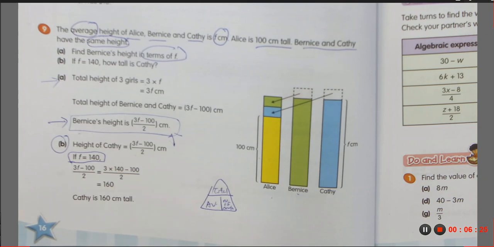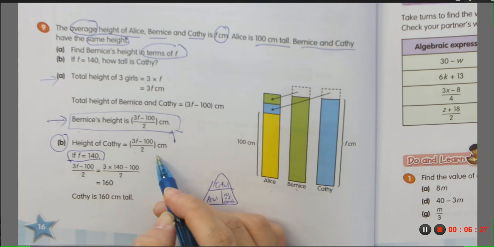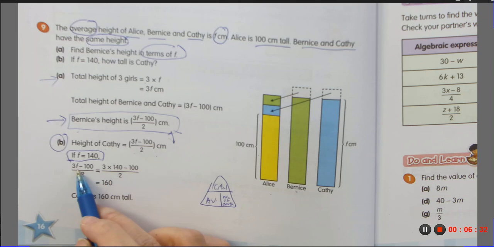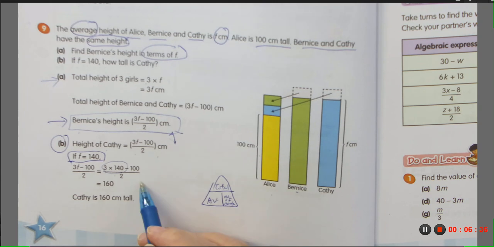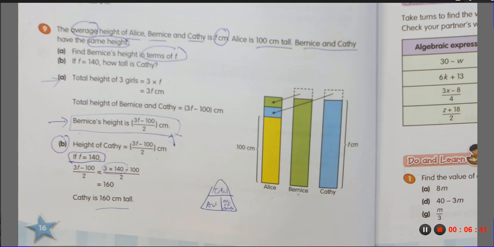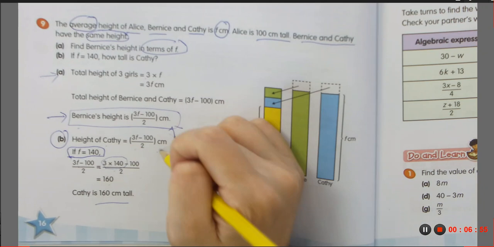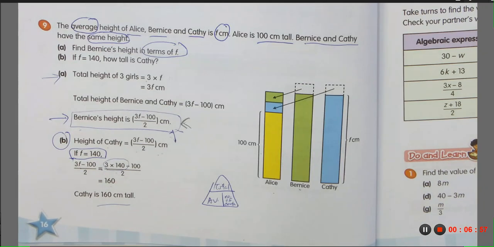If n is 140, because Bernice and Kathy are the same, I put n in and use 3 times 140, then minus 100, then divide by 2 to get Kathy. Does it make sense to you? Is it difficult? No. Okay, good. What if I suggest something else to you? Do you think the answer will be the same if I didn't use this algebraic expression?